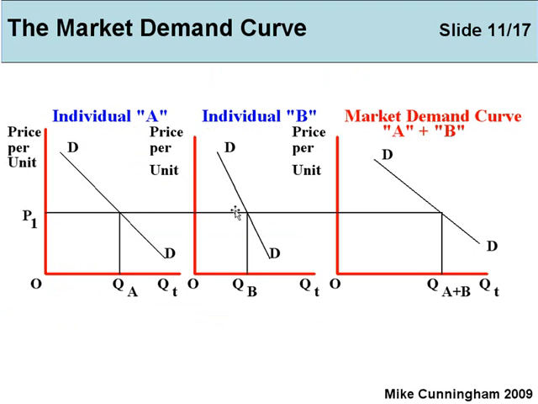At P1, your demand could be QB. Now, if there are only two of us in the market, then at P1, our combined demand will be QA plus QB, which is over here. So that's how we get the market demand curve. We simply add the individual demand curves horizontally, and that gives us the market.